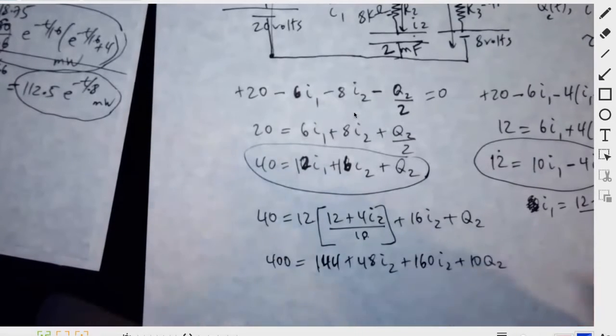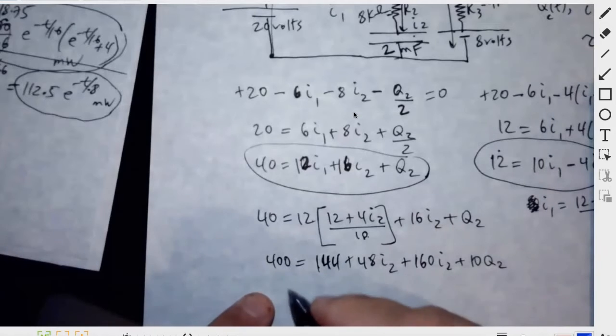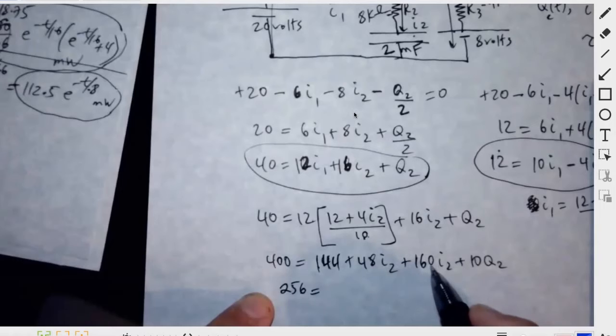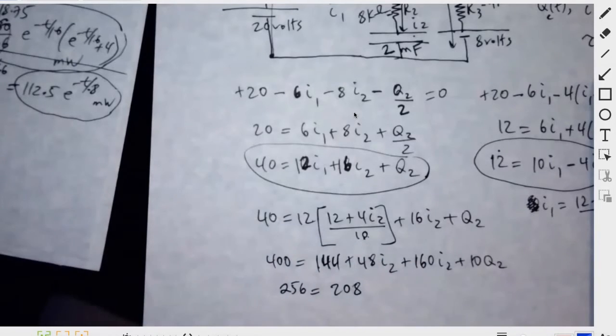And then 400 minus 144, 256. 48 plus 160, 208. Plus 10Q2.